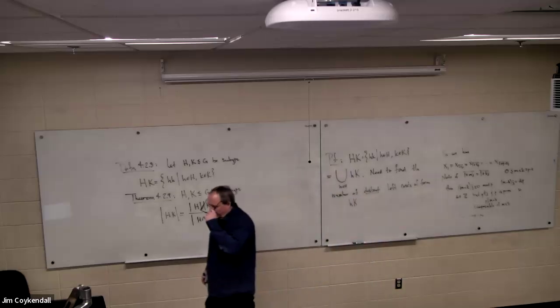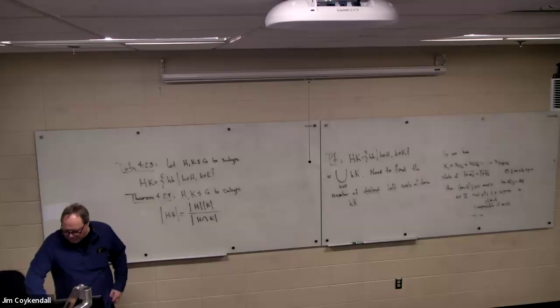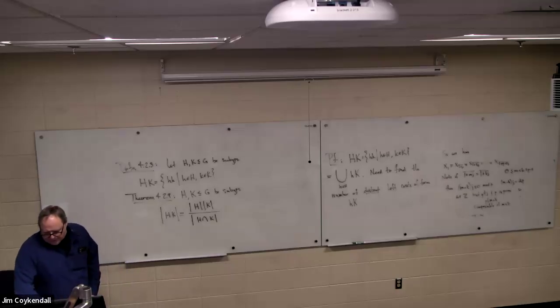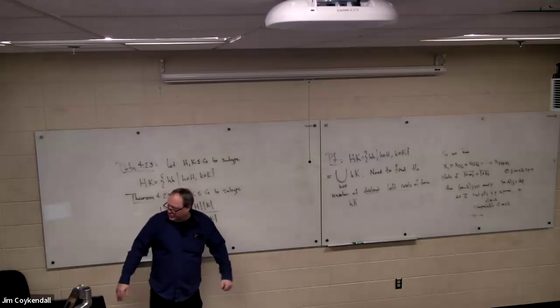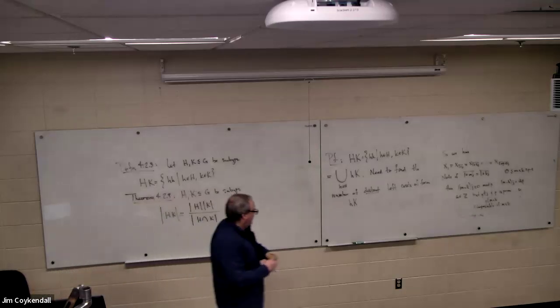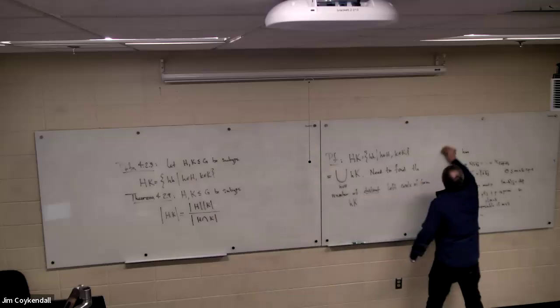And if I can count those, then I'll be pretty good to go. So suppose that we have two left cosets.